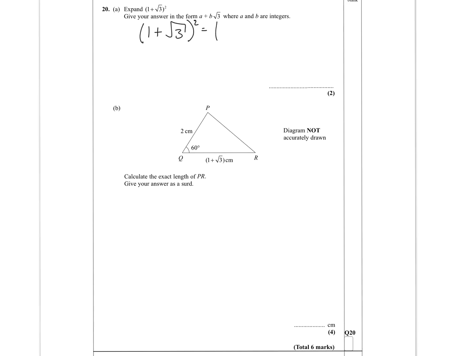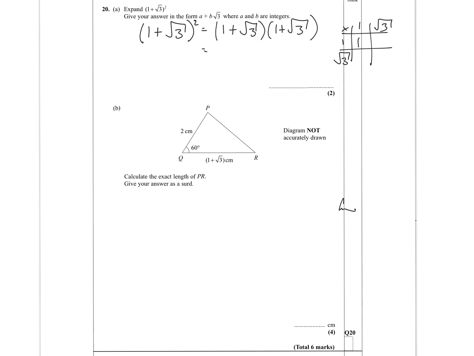So we're squaring this, so 1 plus root 3 times 1 plus root 3. We can do this in a grid, or we can probably, given we've got to this point, do it in our head. Let's show you the grid actually, because for some of you this might be the first time you've seen surd form. 1 and root 3, 1 and root 3.